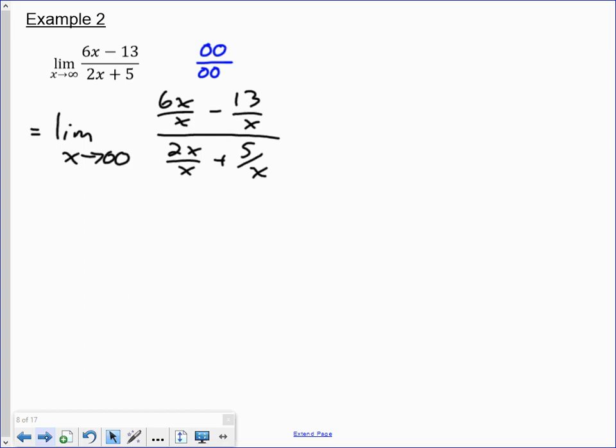And we know that these x's are going to cancel here and here and here and here, and that any term with an x in the denominator is going to go to 0 as we take the limit as x goes to infinity. So we would be left with just 6 over 2, or 3.